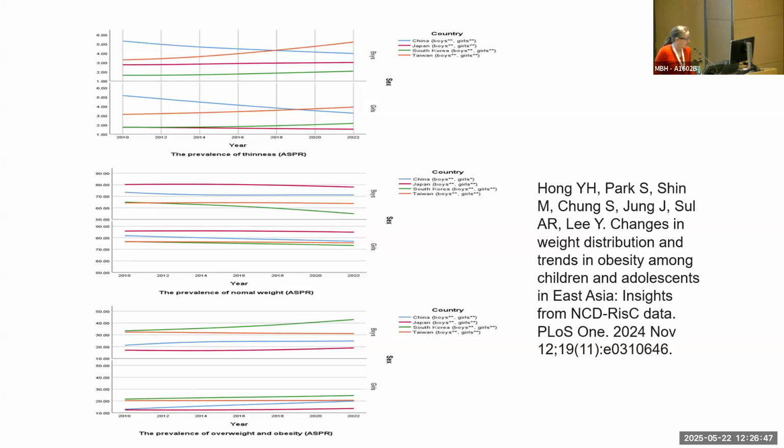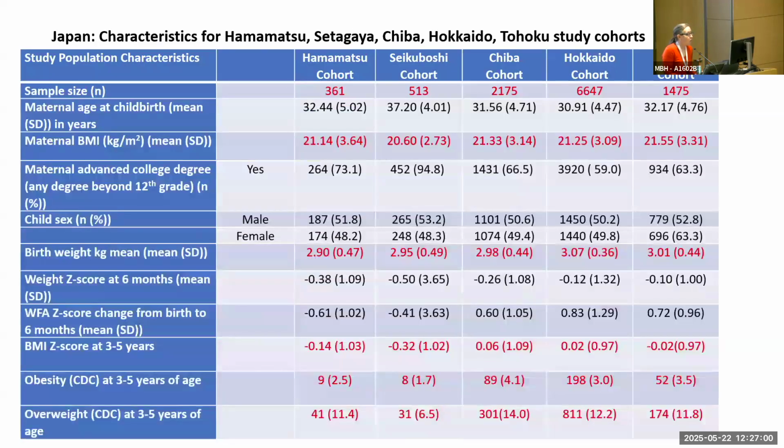And you can see it's pretty flat for overweight and obesity from 2010 to 2023. And this is the data from the 5 cohorts that we looked at. Let me draw your attention to the rows at the bottom. You can see in these cohorts, the prevalence of obesity was very, very low. 4 of them we looked at age 5, and 1 we could only look at age 3.